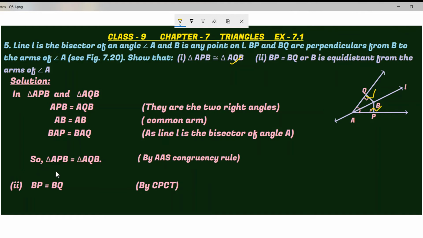So by CPCT, BP and BQ are two corresponding parts of the congruent triangles, so we can say these two are equal to each other. That means B is equidistant from the arms of angle A, this arm and this arm. That's it. Let's move on to the next question.